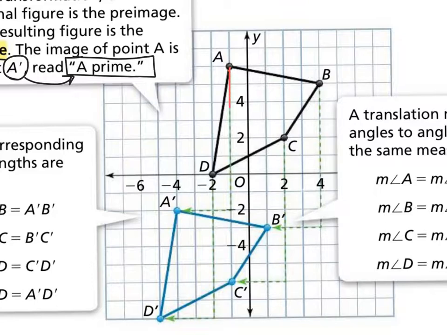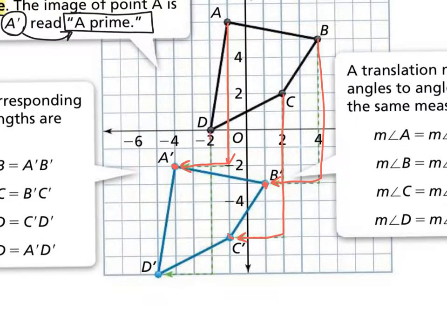So 8 units down and 3 units to the left, and that's where A ends up. So that's A prime. Same thing for B. 8 down, 3 to the left puts us here. C, 8 down, 3 to the left puts us here. And D, same thing.